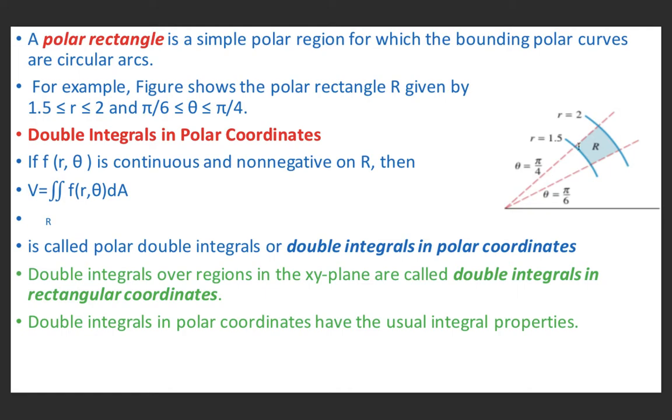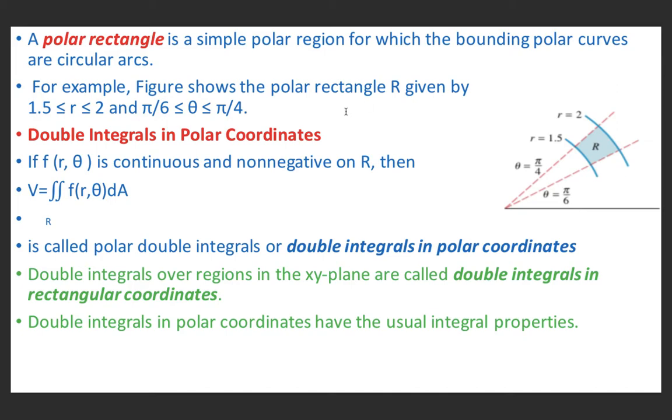So for example, this is the polar rectangle shown in blue color, and it is bounded by theta equal to pi by 6, theta equal to pi by 4, r equal to 1.5, and r equal to 2. So this polar rectangle is given by 1.5 less than or equal to r less than or equal to 2 and pi by 6 less than or equal to theta less than or equal to pi by 4.